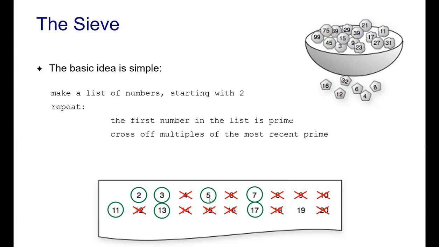So if we can stop at the square root of n, where n is 20, the square root of 20 is approximately 4.46. So up to 4 we need to look for the multiples and strike, but we can stop at 4. We need not go for 5.